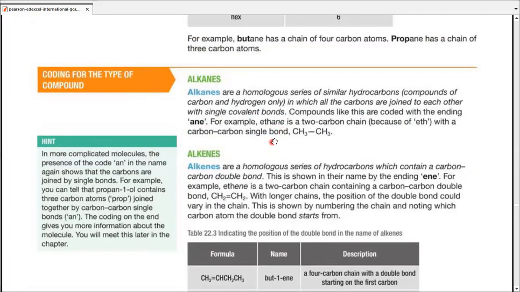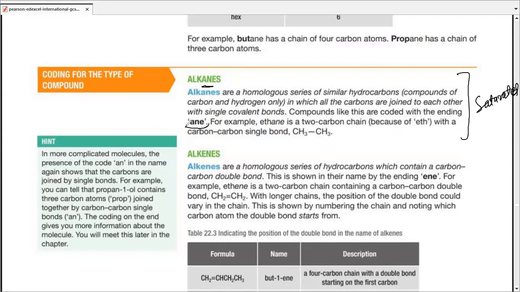The suffixes really depend upon the homologous series that we are studying. Every homologous series has a different suffix. For example, alkanes are a homologous series of hydrocarbons formed only from carbon and hydrogen. In this, the carbon atoms are joined with single covalent bonds. That's why we said alkanes are saturated hydrocarbons, since they only have single bonds.